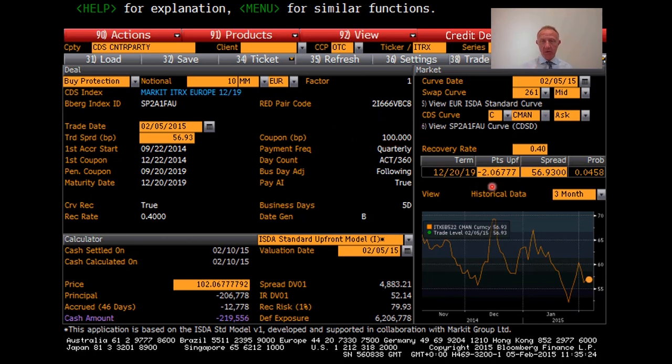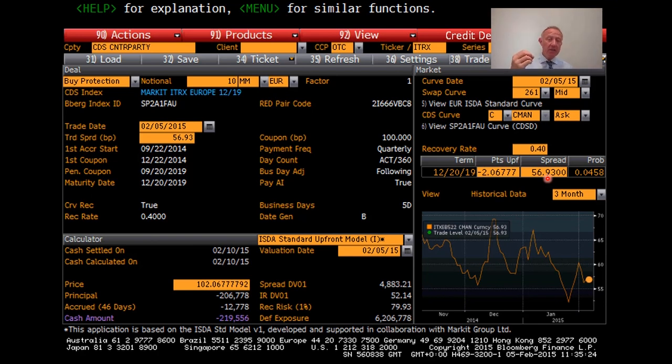However, we receive 2% up front. So if you think about it, you're paying away 100 points for 5 years, that's 500 points, but you receive 200 points up front, you're paying away about 300 points.